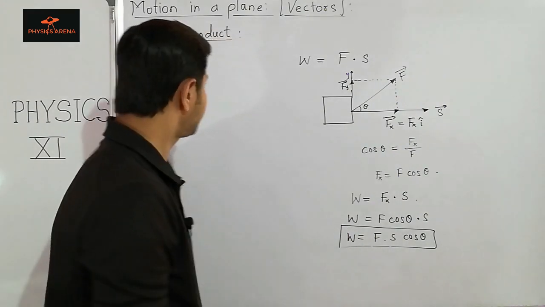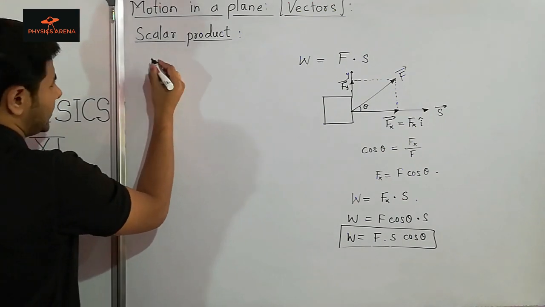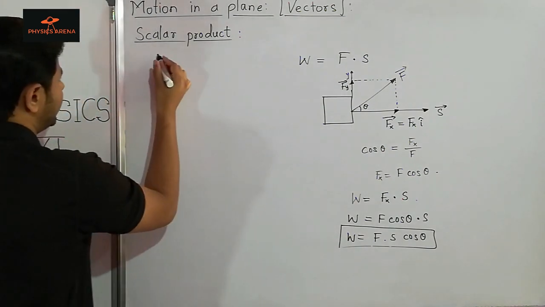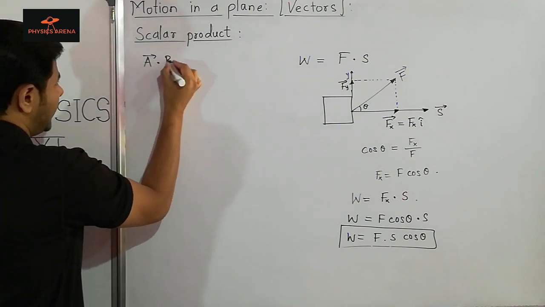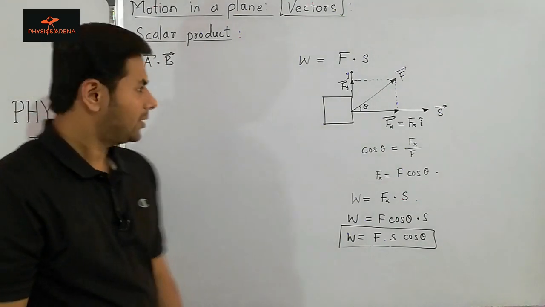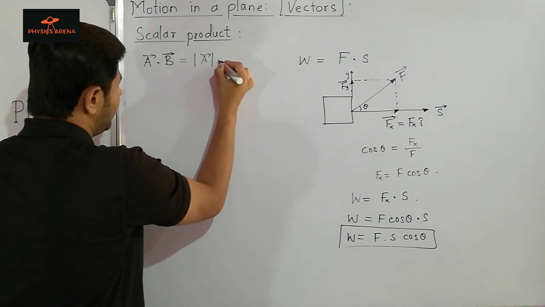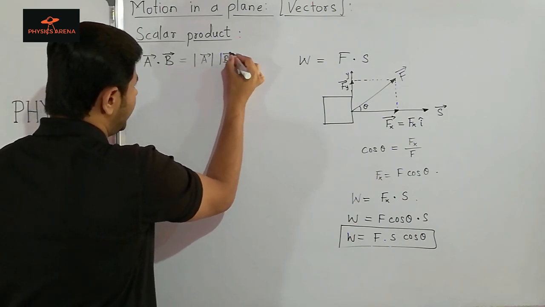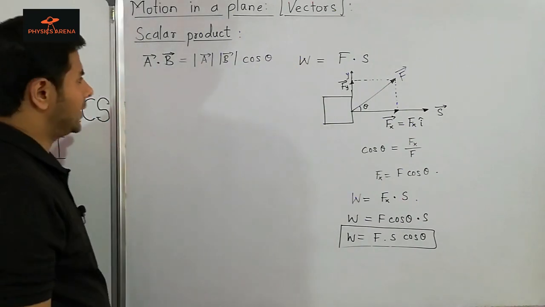So suppose we have a bar and b bar, then the scalar product is represented like this: a bar dot b bar, and it is equal to the magnitude of a bar into the magnitude of b bar multiplied by the cosine of the angle between the two vectors.